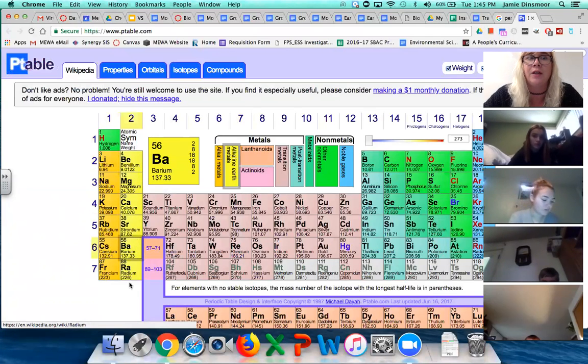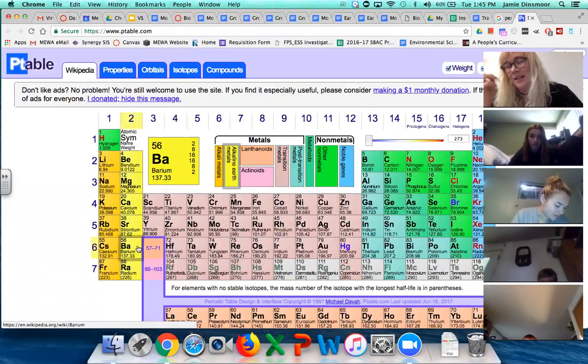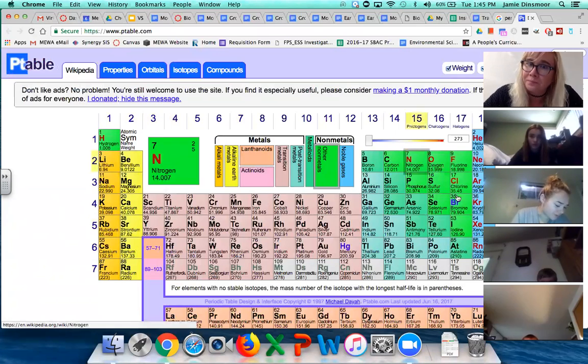It is in the second column. If barium was an ion by itself, it would have a charge of +2, right? It needs to lose 2 electrons, essentially. Iodine, on the other hand, is in group 7. It would have a charge of -1.